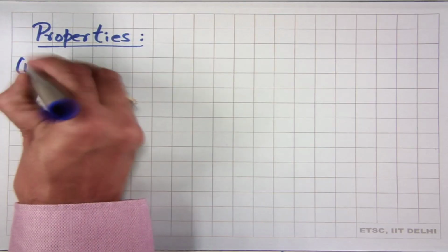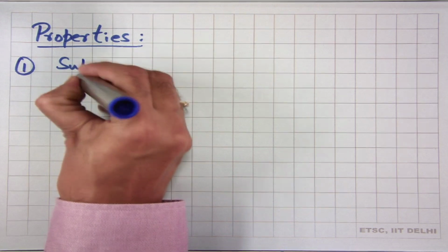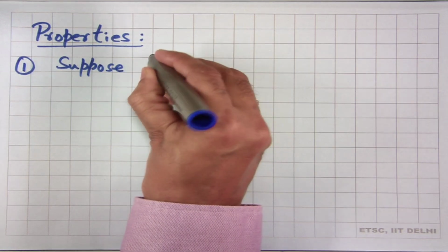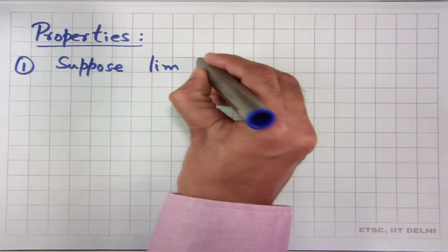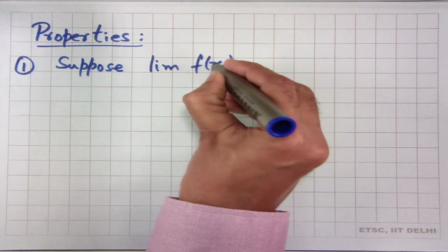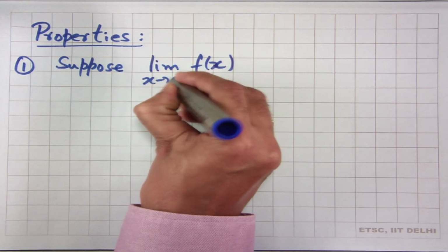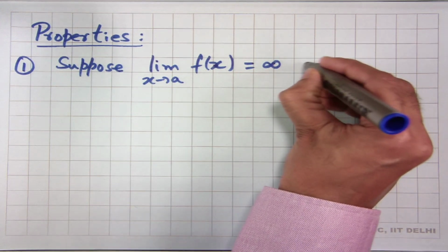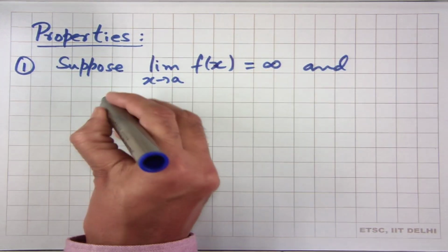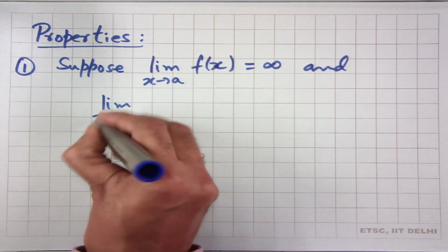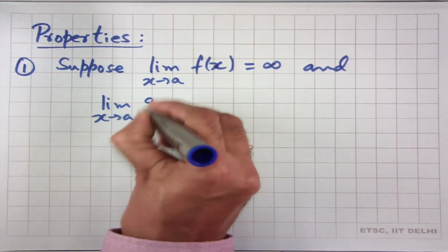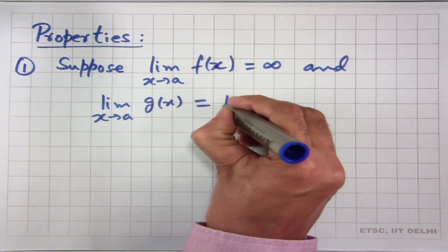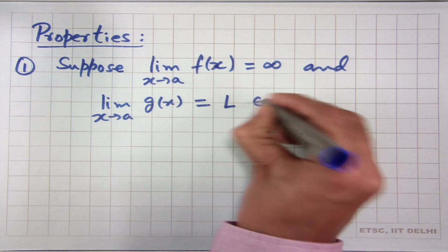So, first, suppose we have f of x and g of x, two functions, and suppose the limit of f of x is equal to infinity and the limit of g of x at a is equal to some L, which is a real number.